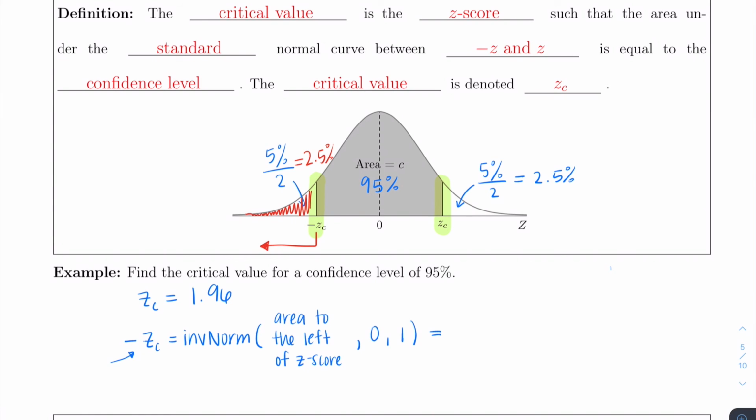And so when I convert this to a decimal, our area is 0.025, mean 0, standard deviation 1. And again, you are going to get negative 1.96, which means that positive z sub c is positive 1.96.